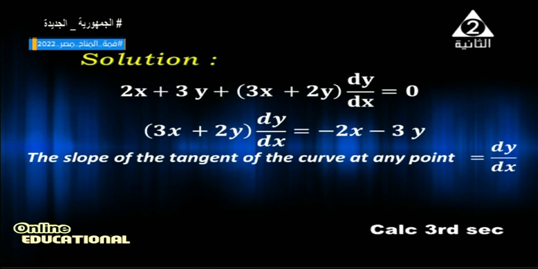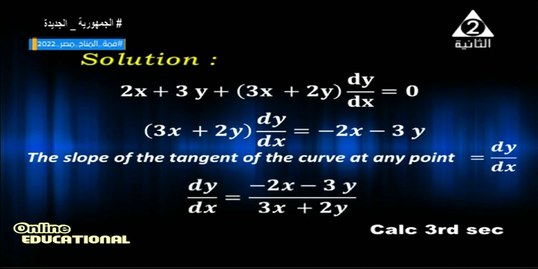Then the slope of the tangent of the curve at any point equals dy/dx. So dy/dx equals (-2x - 3y) over (3x + 2y), which is the slope of the tangent of the curve at any point on the curve.